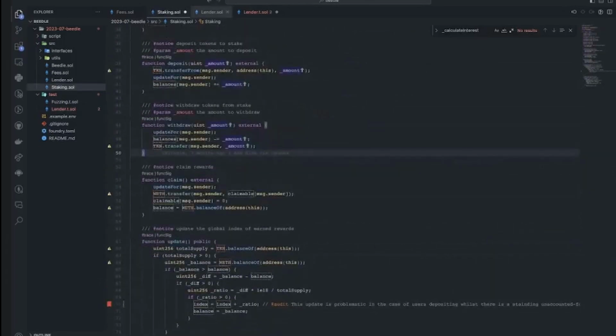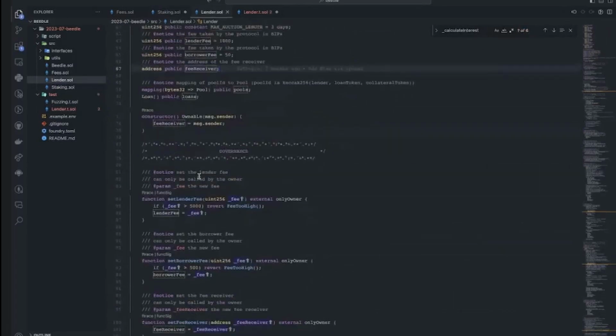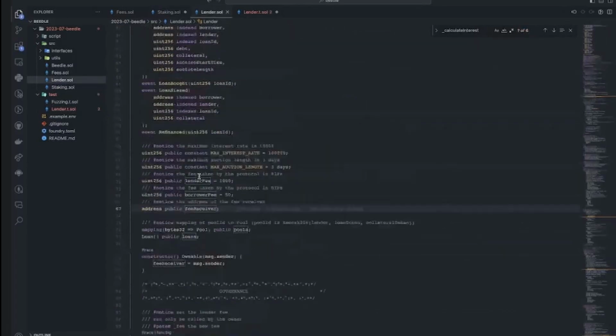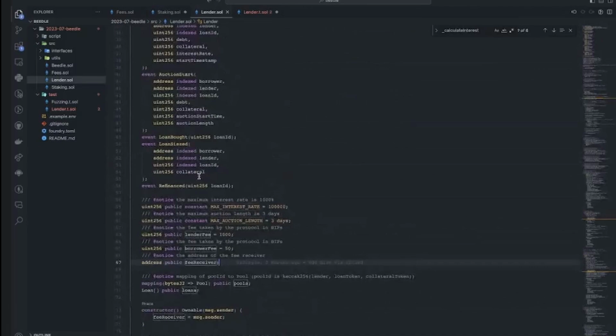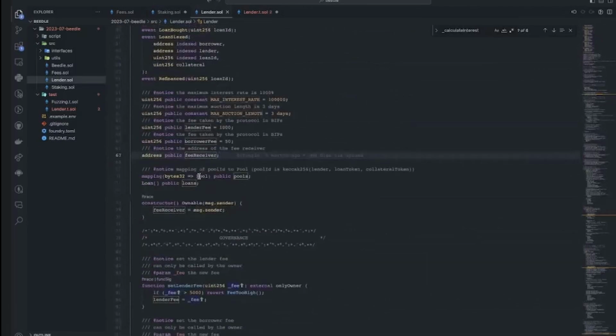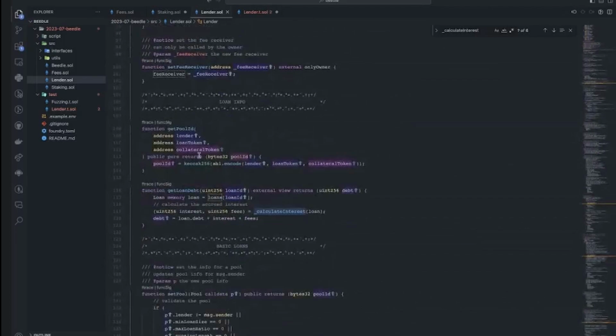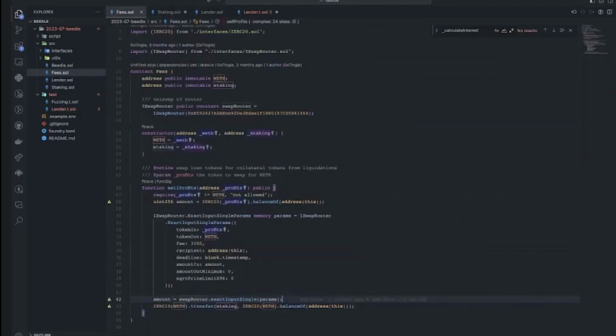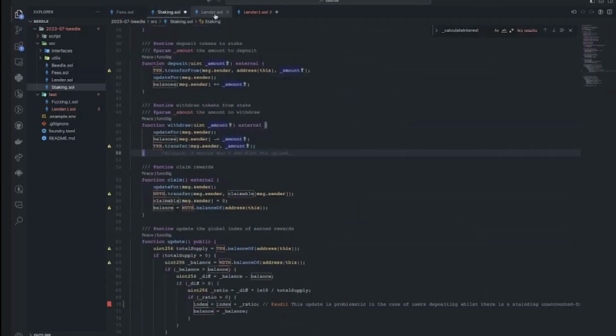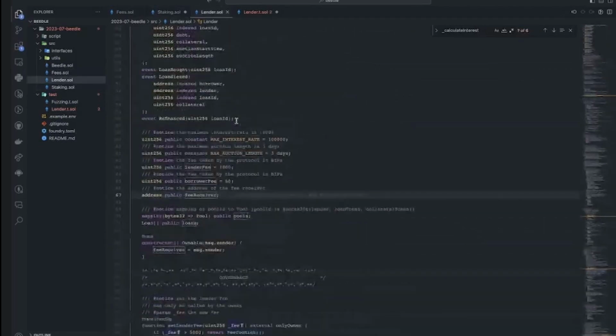A very important thing that needs to happen right after checking all of the functions one by one and mixing them inside of the contract is for us to try and look at the big picture and see how this contract, for example, integrates with the fees contract, which then integrates with the staking contract. From what I got, the fee receiver contract right here is the fees contract right here.